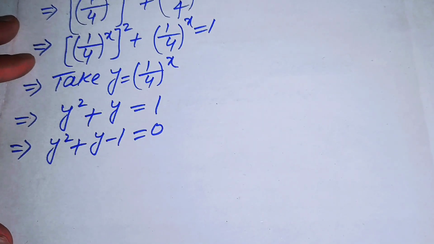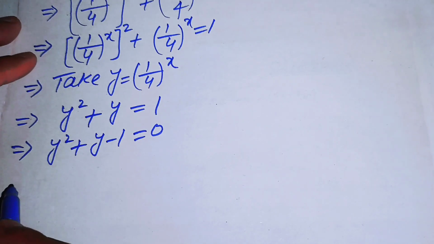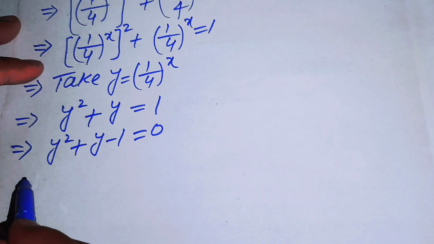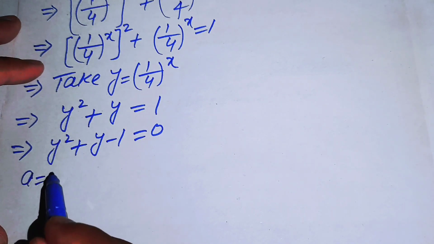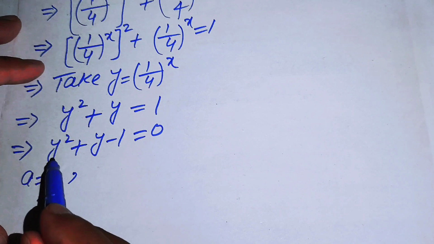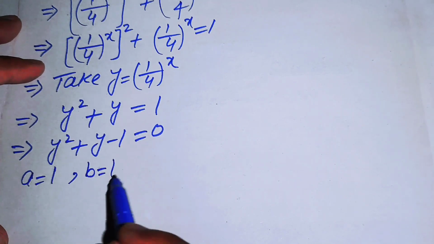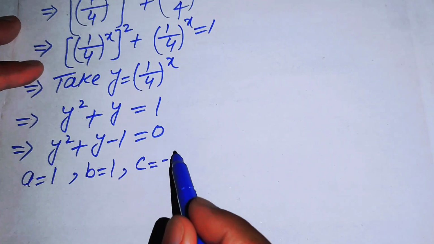Now we will use the quadratic formula to solve this quadratic equation. First I write the values of a, b and c: a is equal to 1, b is equal to 1 and c is equal to minus 1.